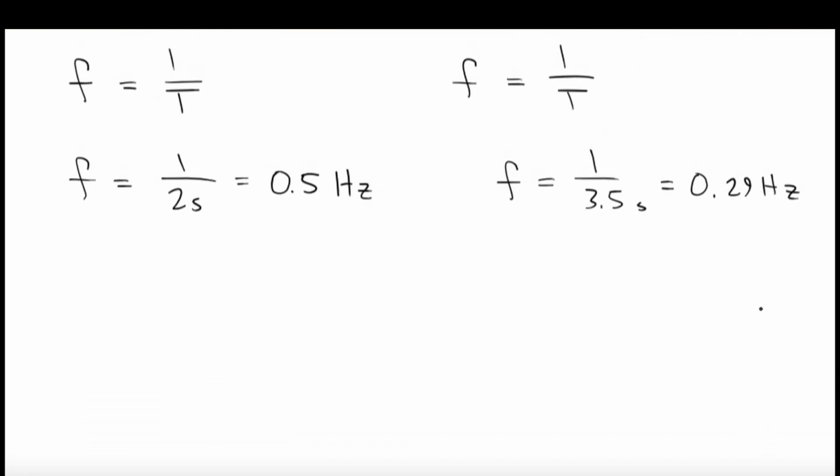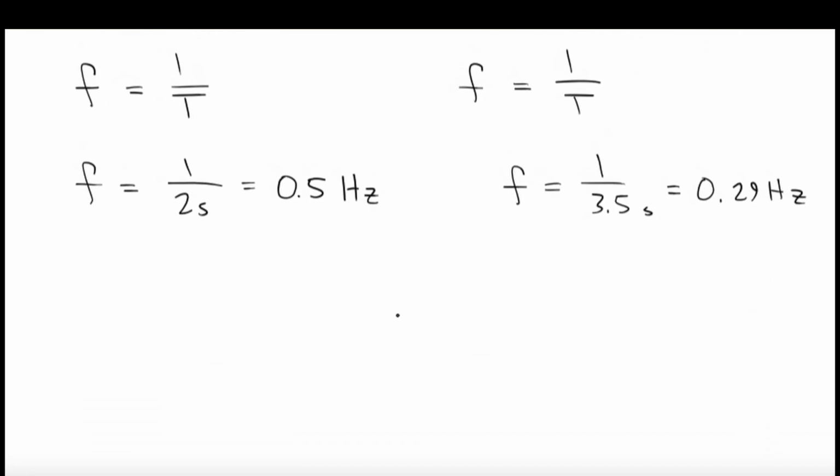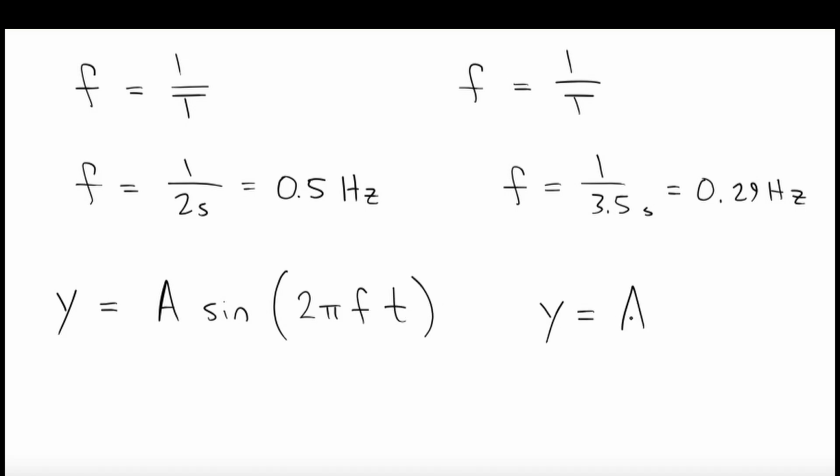Then if we wanted to plot these as waves in Desmos, we could simply use the general form of a harmonic oscillator, which is y equals A sine of 2 pi f t. We could do that for both.